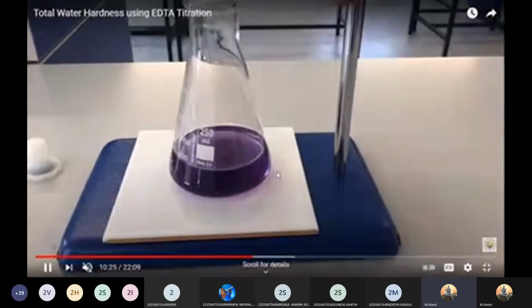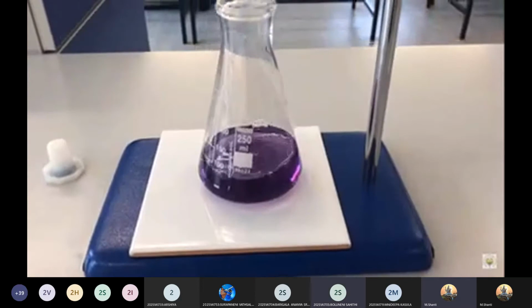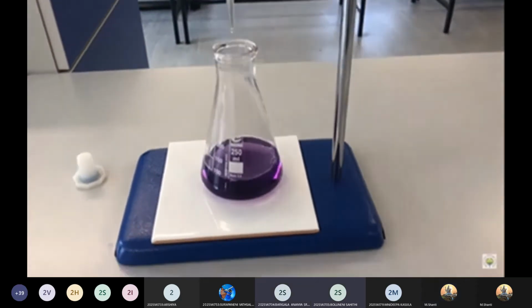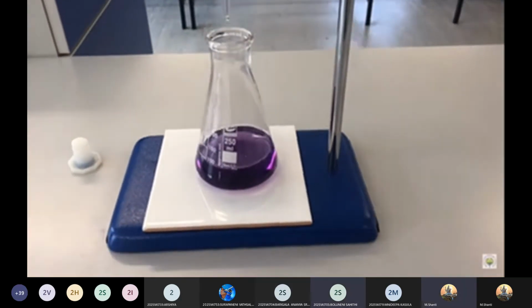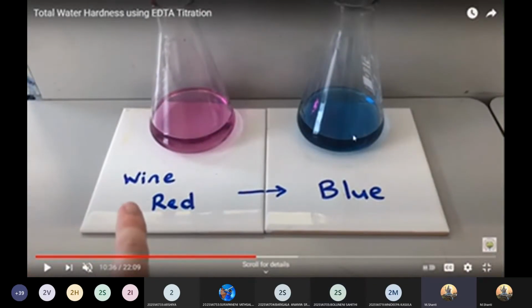So this solution you're titrating with what? Disodium salt of EDTA. Okay. Here in this image, you can see very clearly this is the wine red, and this wine red will now turn to blue at the end point.